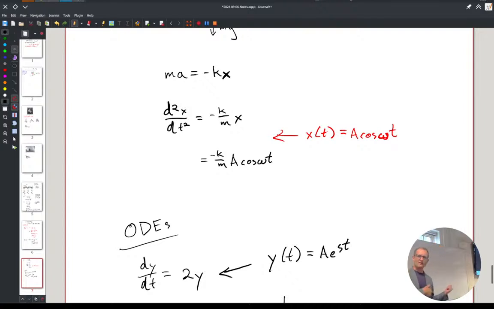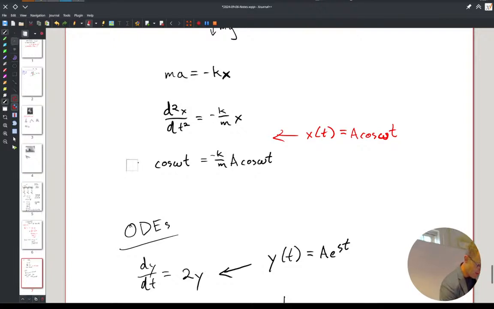What's the second derivative of a cosine omega t? If I take two derivatives of a cosine omega t. Negative cosine? Yep. Negative cosine omega t. Anything else?